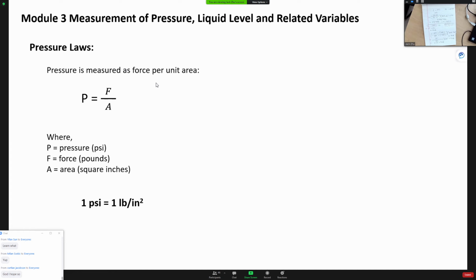Did you guys get what I said? You have to know this. Pressure is measured as force per unit area. If you don't get this right, someone is going to punish you.